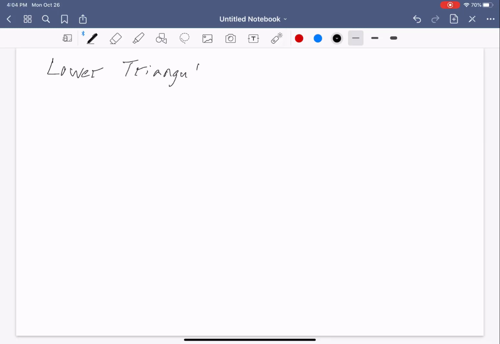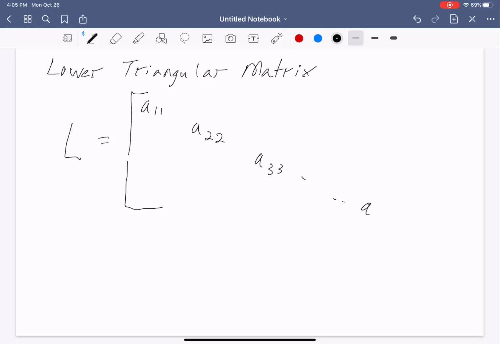Triangular matrix. Now we have to be a little bit careful here how we set that up. Let's denote it with an L, and let's say it's going to be Q by Q, which means it's a square matrix, and lower triangular matrices have to be square. So what we do is we write A11, A22, A33, all the way down to AQQ, and we get A21 dot dot dot AQ1.